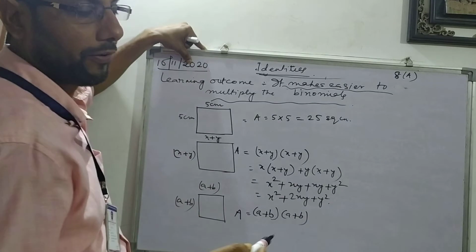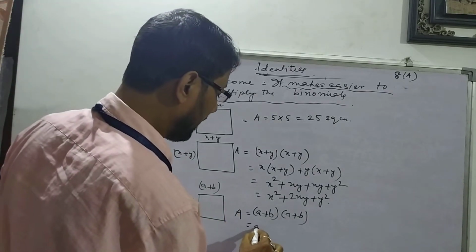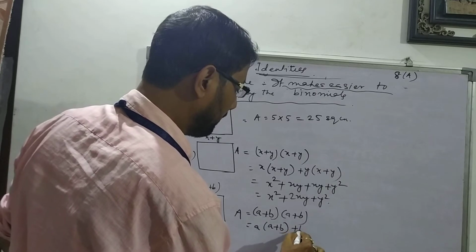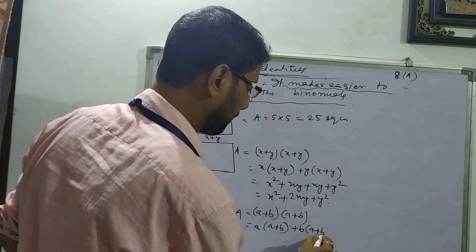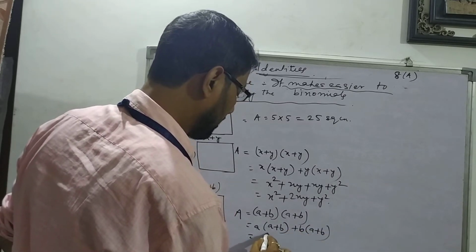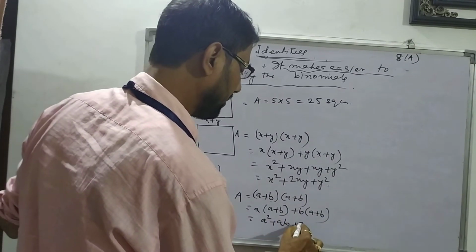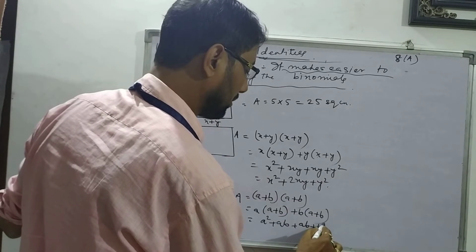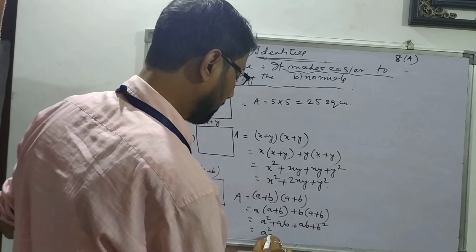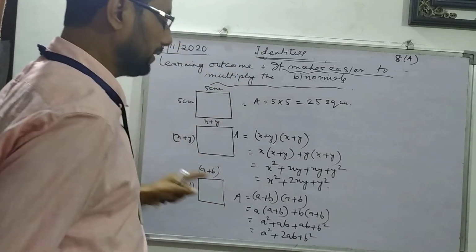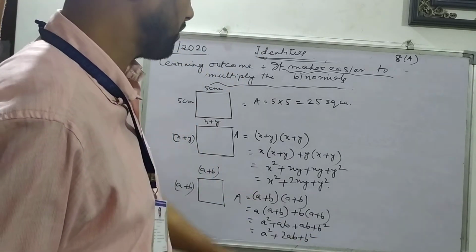Same binomial multiplication: a into a plus b, plus b into a plus b. So it is a square plus ab, plus b into a, ab, plus b square, which is a square plus 2ab plus b square. So here I got a square plus 2ab plus b square.